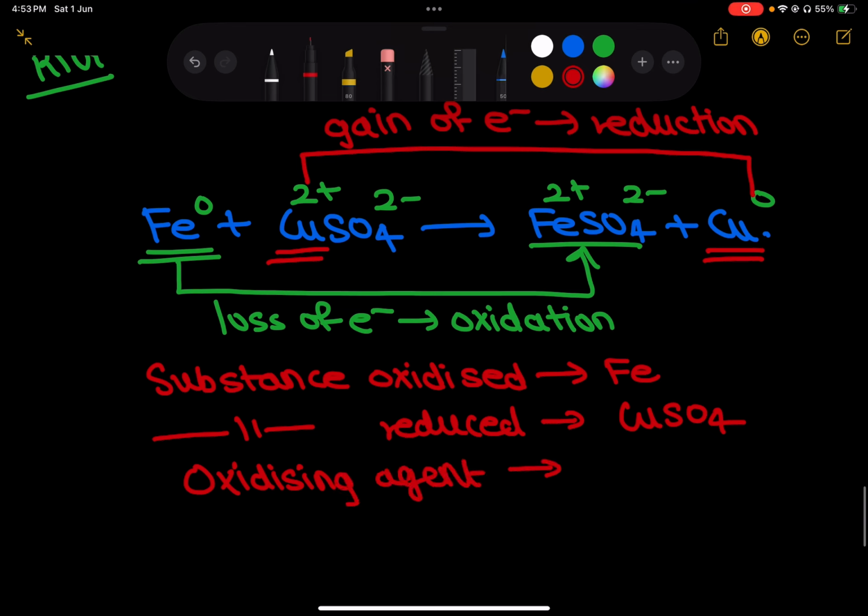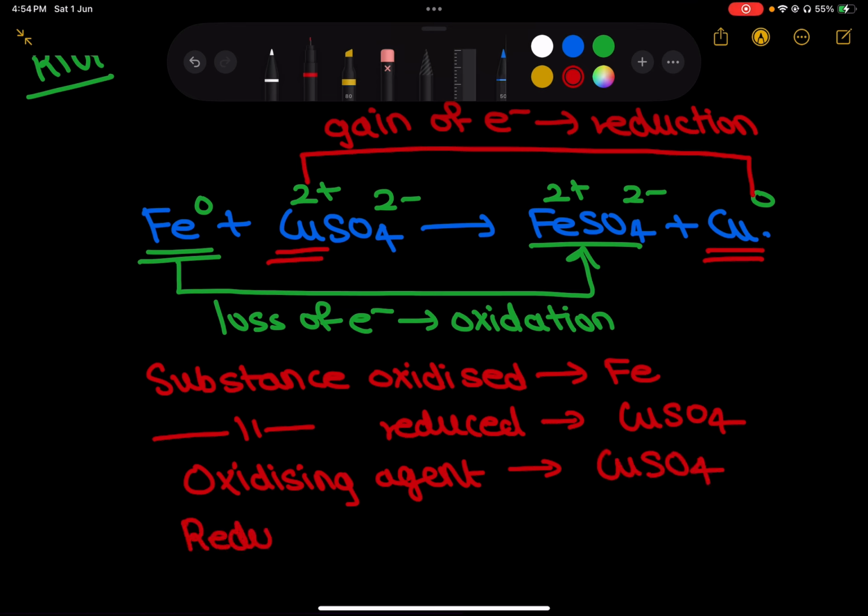Oxidizing agent. Here, what has oxidized Fe? Other than Fe, what is on the reactant side? CuSO4. So CuSO4 itself got reduced, but it has oxidized Fe. So hence CuSO4 is the oxidizing agent.